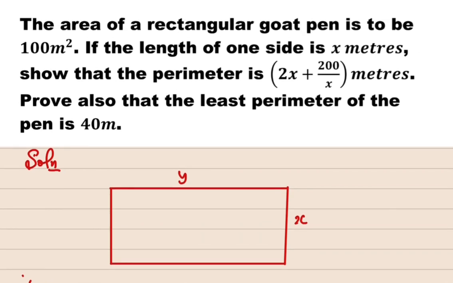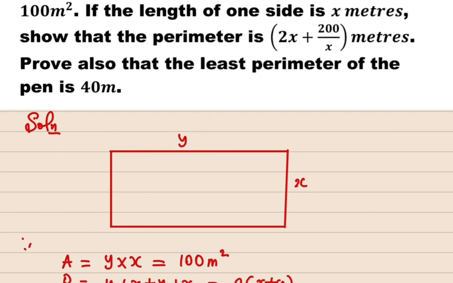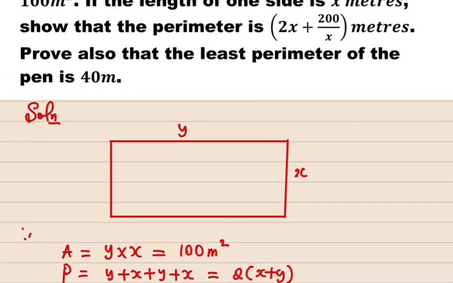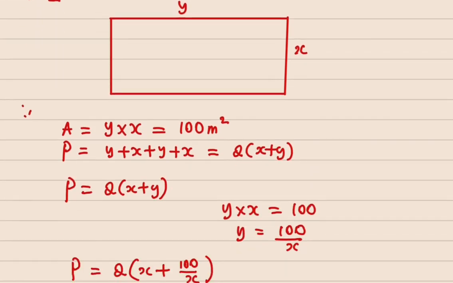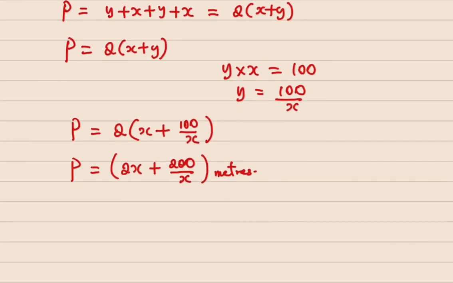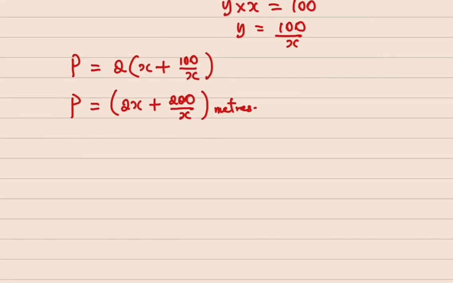Then the second part of the question says to prove also that the least perimeter of the pen is 40 meters. Clearly, because of the language, least perimeter is a minimum value problem. So what we need to do is this.